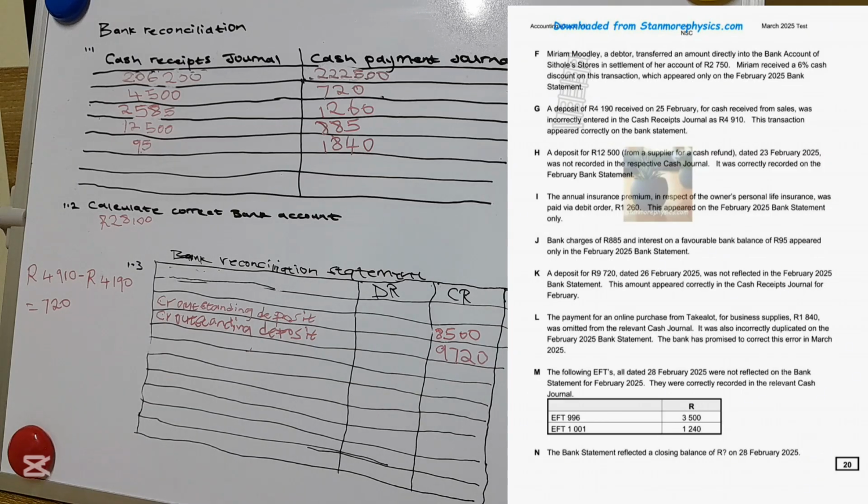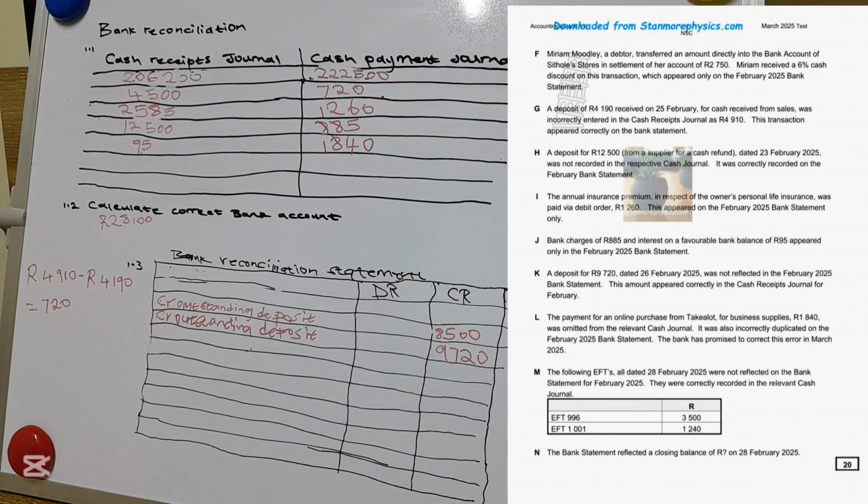So now we have to fix this 1,840, and the only place where we can fix this situation is the bank reconciliation statement, since we are reconciling here.